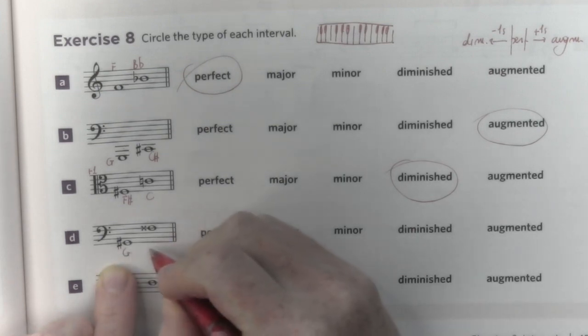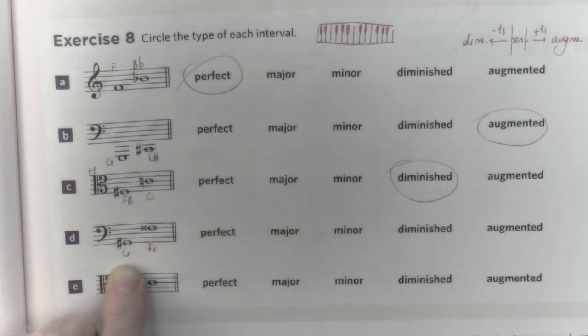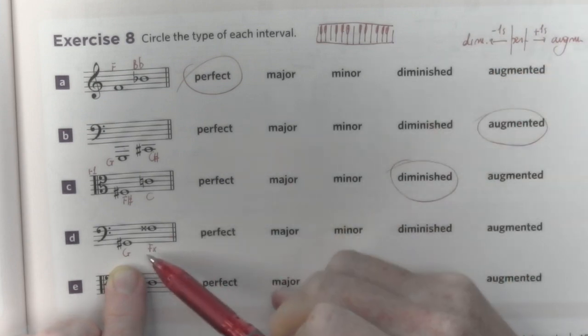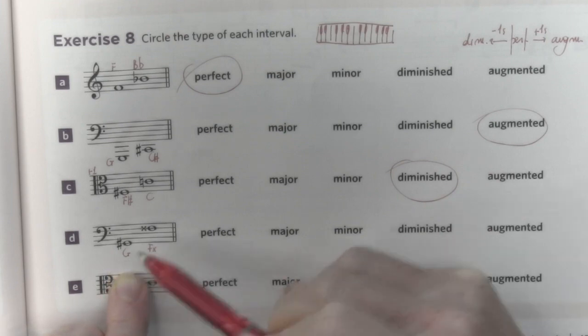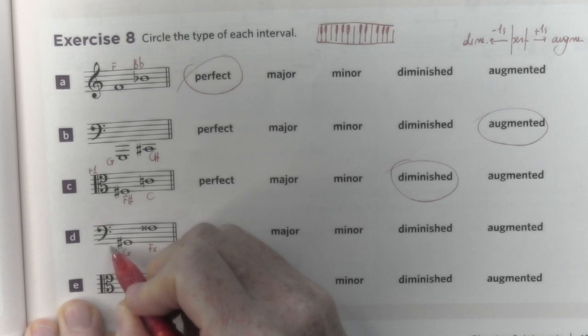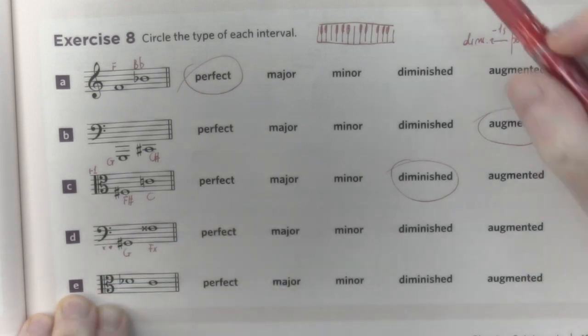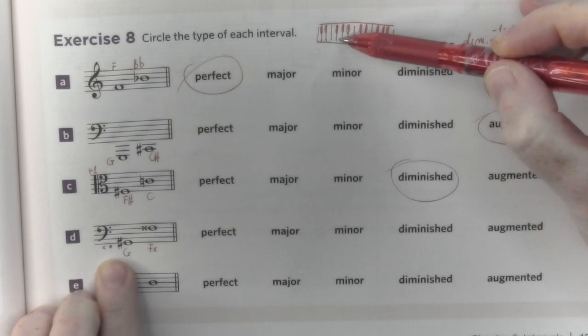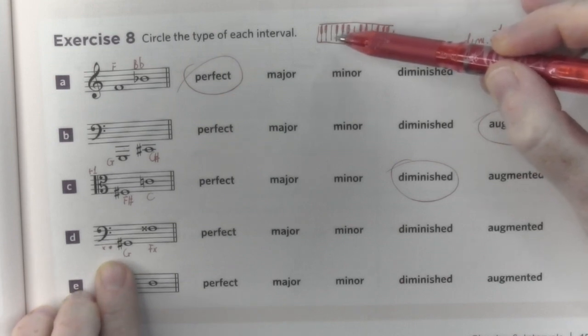Sol sharp and Fa double sharp. It's a seventh. Now to identify the seventh, I flip over the interval, which is Fa sharp, Fa double sharp, Sol, Sol. Now Fa double sharp, Sol is a second and we need to identify the type of a second.